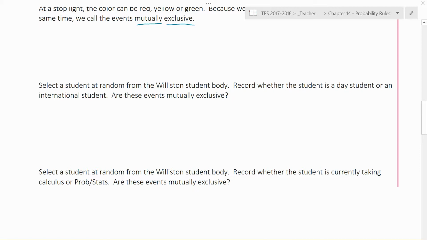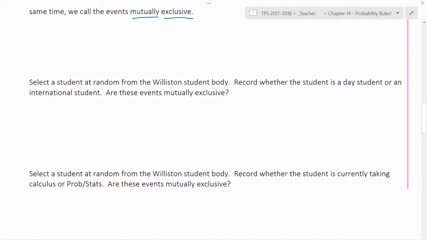Next example. We talked about this one, or similar. We select a student at random from the Wilson student body and we record whether the student is a day student or an international student. I've talked about this example a number of times in class, and sometimes people say, no, there are no students who are both day and international.